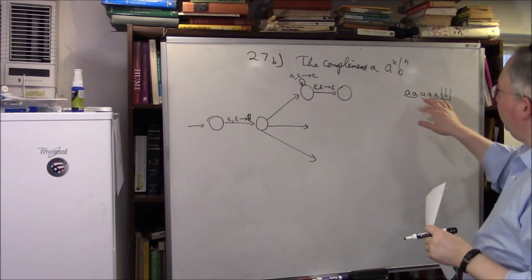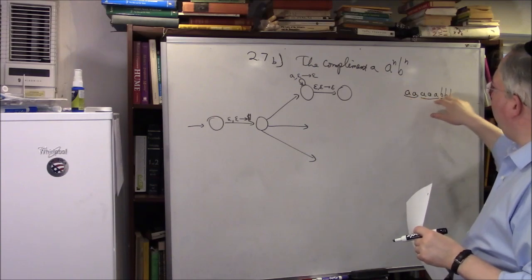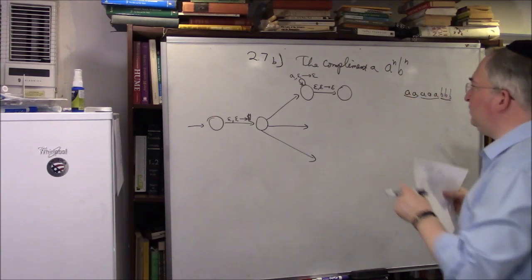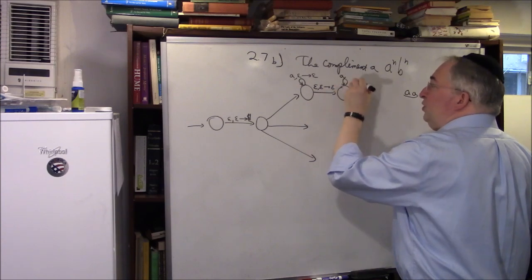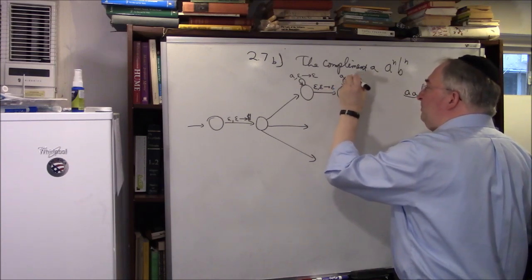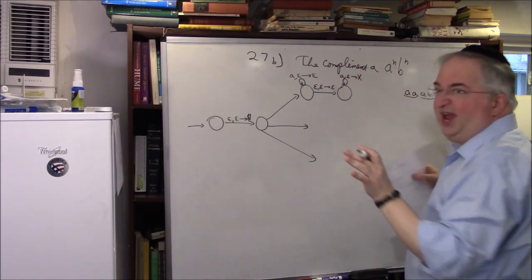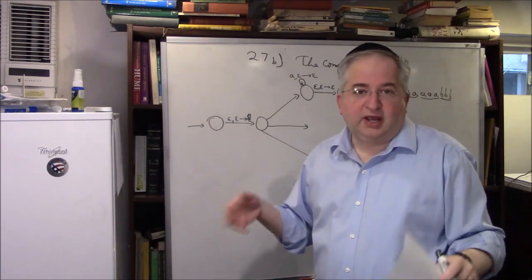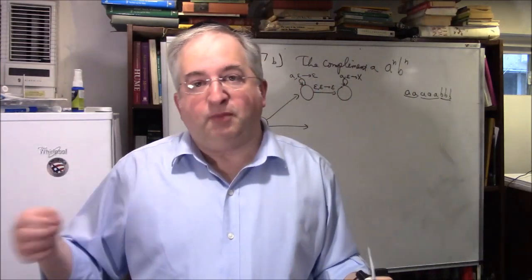So if there's more A's than B's, that means I start off with something more than that, and then there's going to be the same amount. So it's going to be as follows. Every time I see an A, don't pop anything, just push on an X. Let's say X. Doesn't mean you can push on an A, you can push on anything. I need to count and make sure that there are more A's than B's.